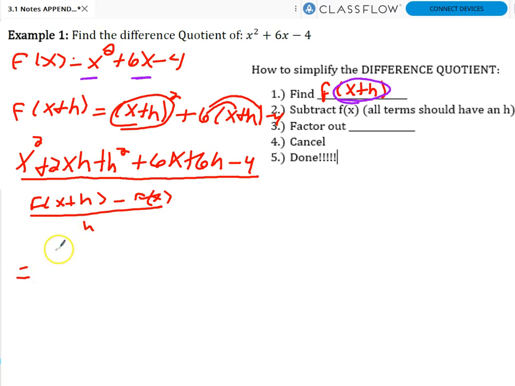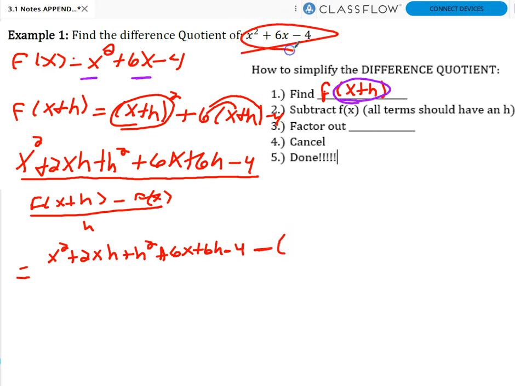All right, so we're going to simplify this. We're going to do x squared plus 2xh plus h squared plus 6x plus 6h minus 4. And then we're going to subtract our f of x, which is x squared plus 6x minus 4, and then this is all over h.